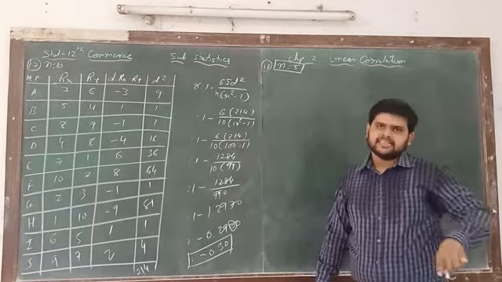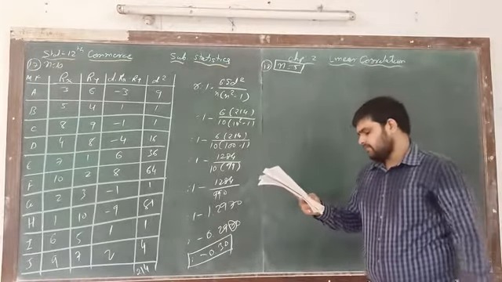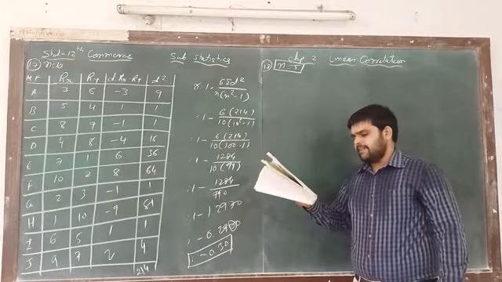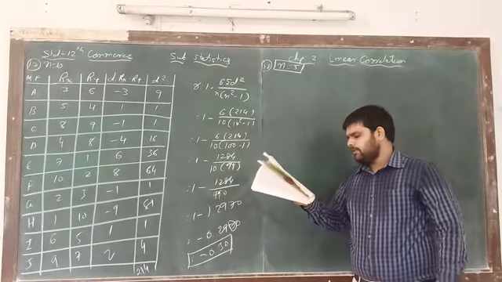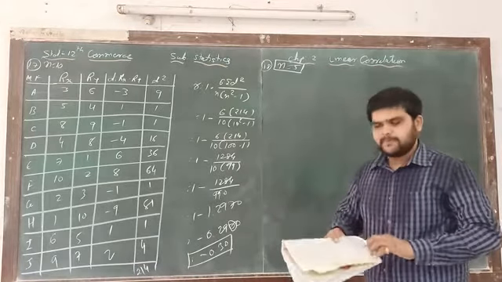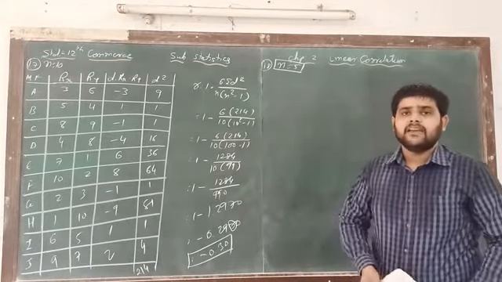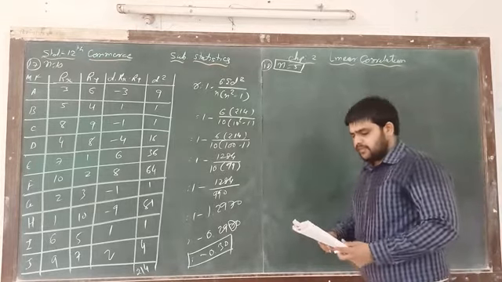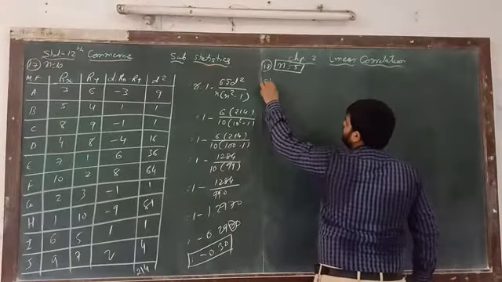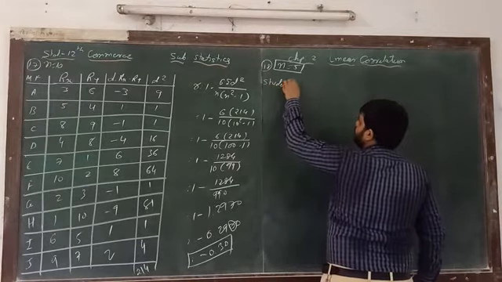So mathematics is X, history is Y. The ranks given to those 5 students in the subjects of mathematics and history are as given below. Find out the rank correlation coefficient between the ranks of two judgments using this information. Okay, so students are there. First of all, I will write student.